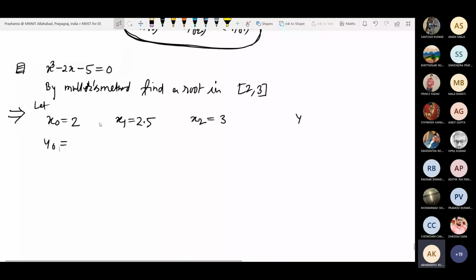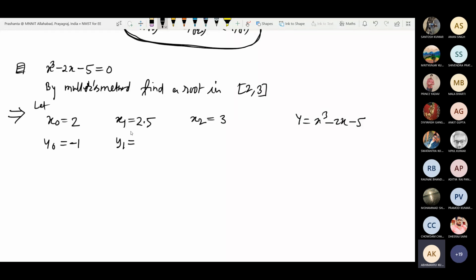y equals to x cube minus 2x minus 5. Tell me what is y0? Minus 1. What is y1? Put x equals to 2.5 and do the calculation.